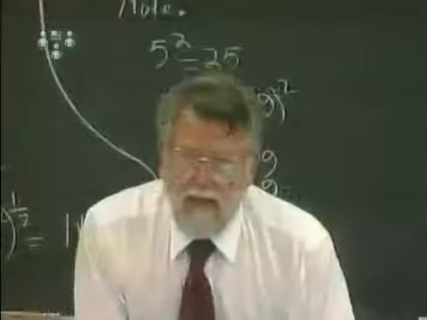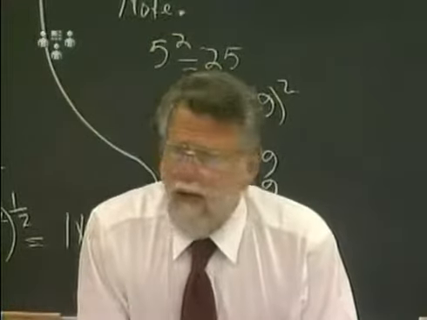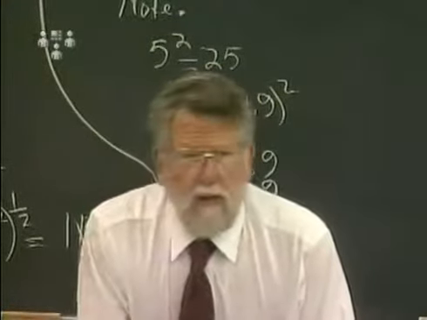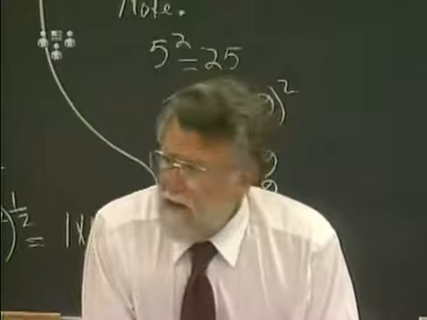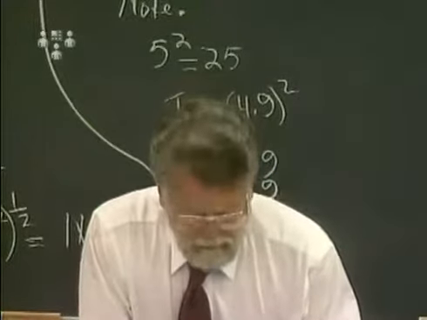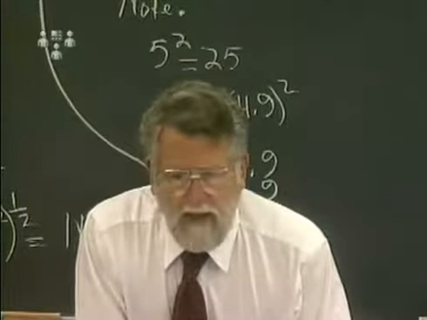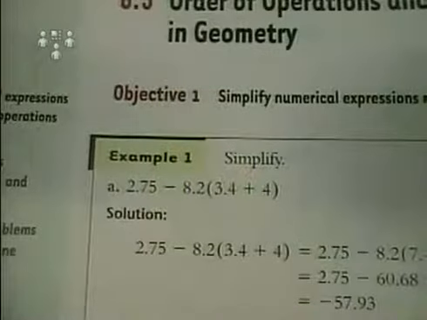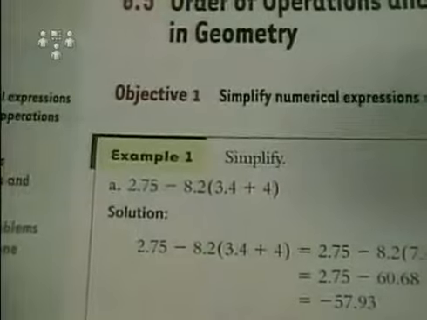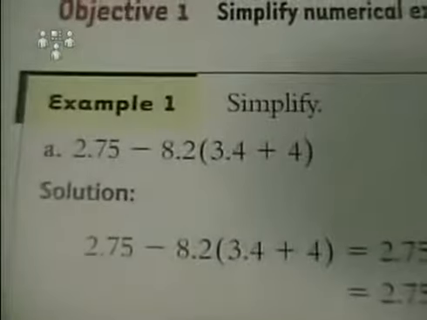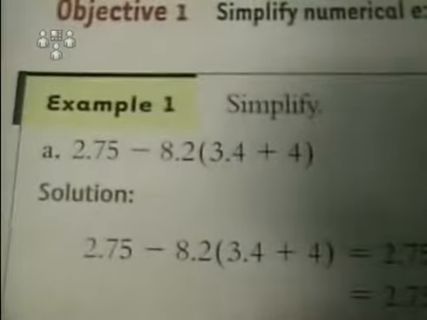Now the first thing, that order of operations that we had with integers, whole numbers, integers, fractions, doesn't change with decimals. So if you look at the kind of problem that's given here at the very beginning, the first example, page 452, that's pretty straightforward.